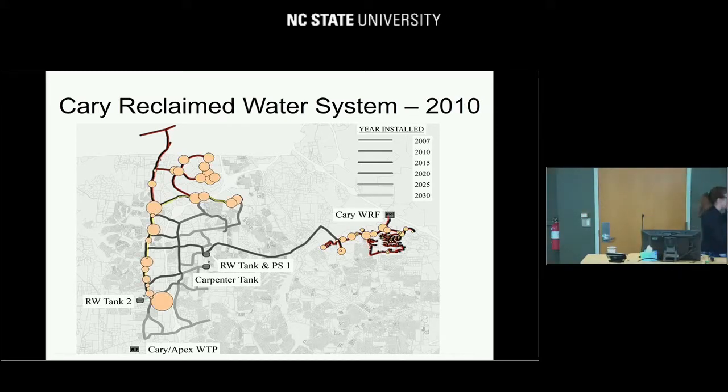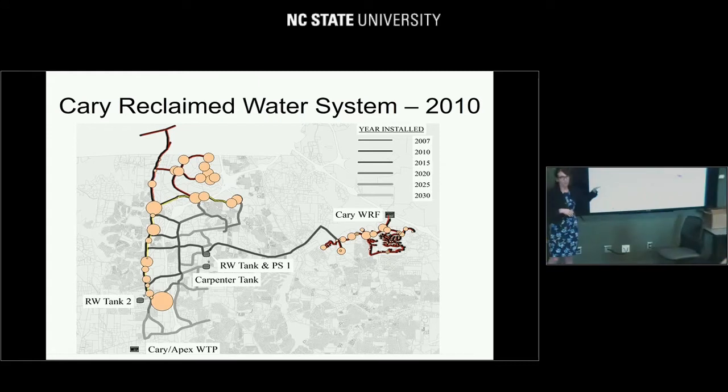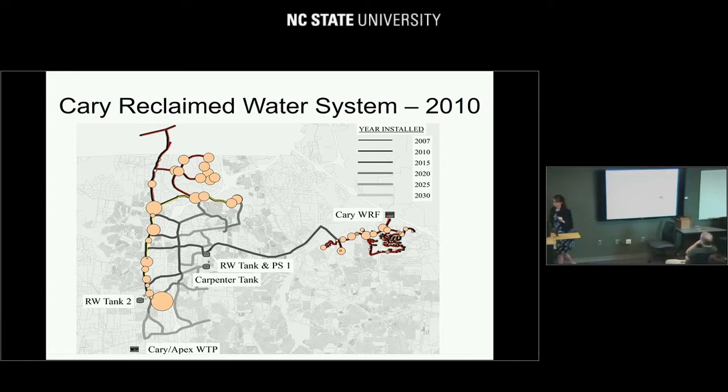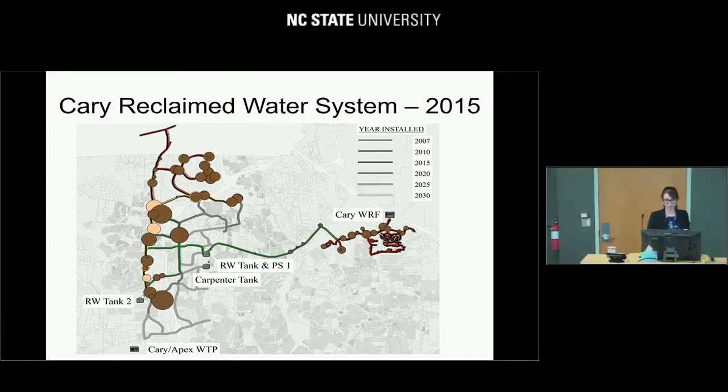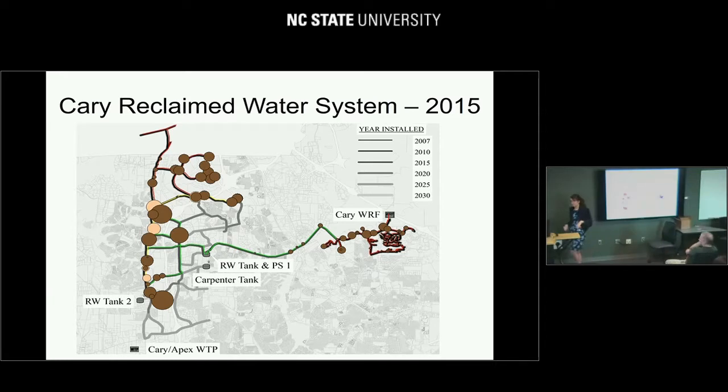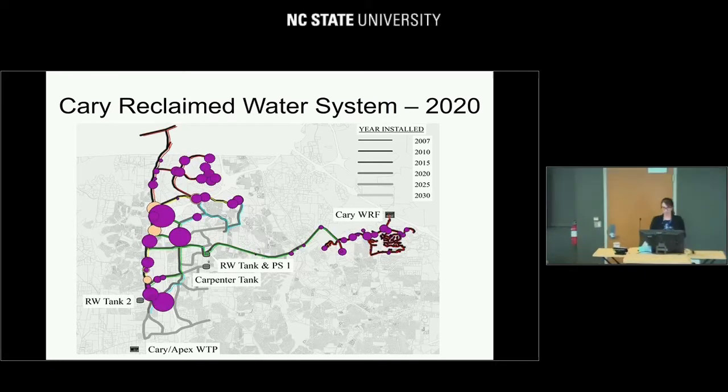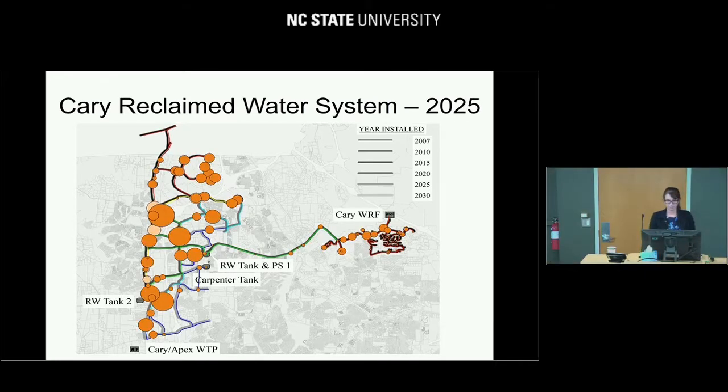And so the idea is that in increments they would expand the system and go from a small cluster. In 2015 they would build the pipeline that connects the east and the west, and then continue to build up demands in the network. And so by 2025 we would have a much larger population with access to the reclaimed water system.